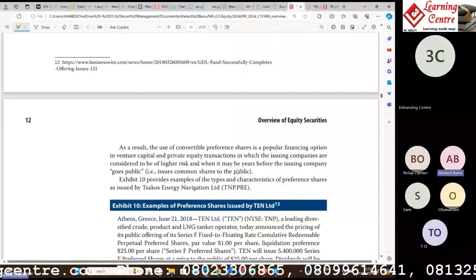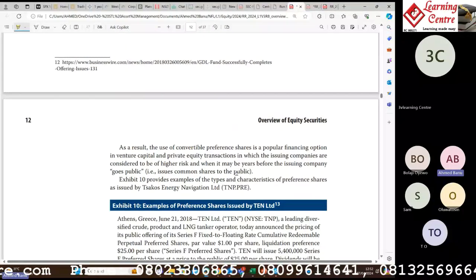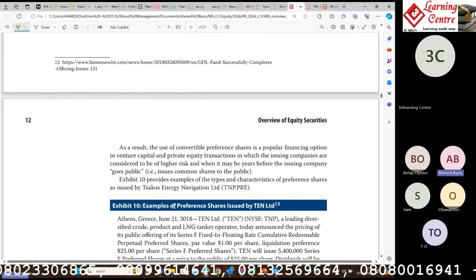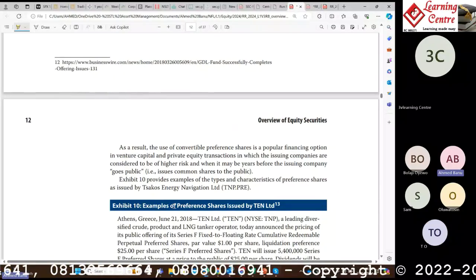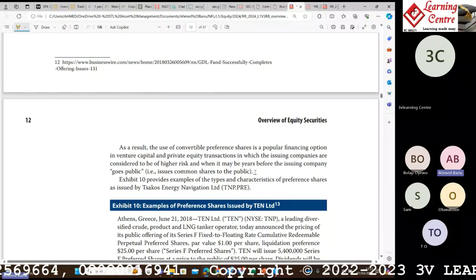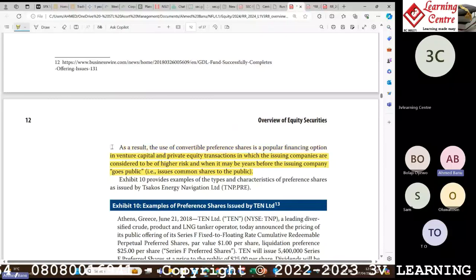As a result, the use of convertible shares is a popular financing option in venture capital and private equity transactions, in which the issuing companies are considered to be of high risk, and it may be years before the issuing company goes public. Which is what I just mentioned to you guys now.